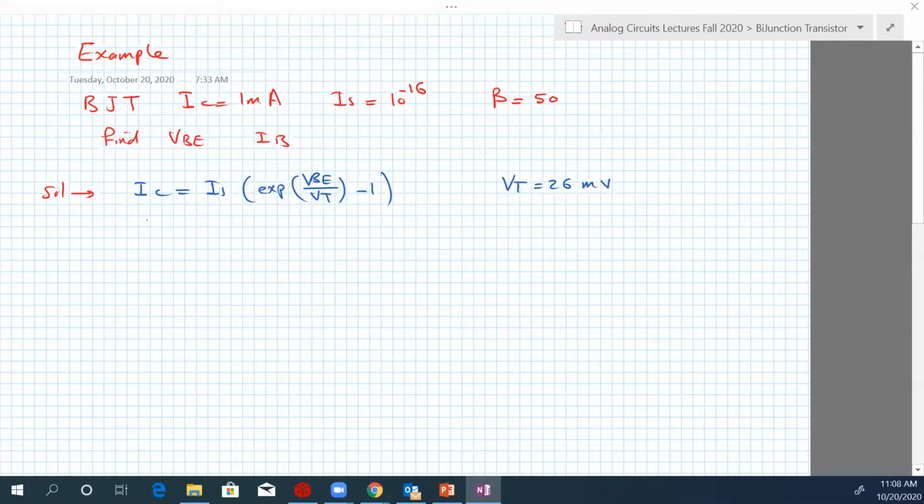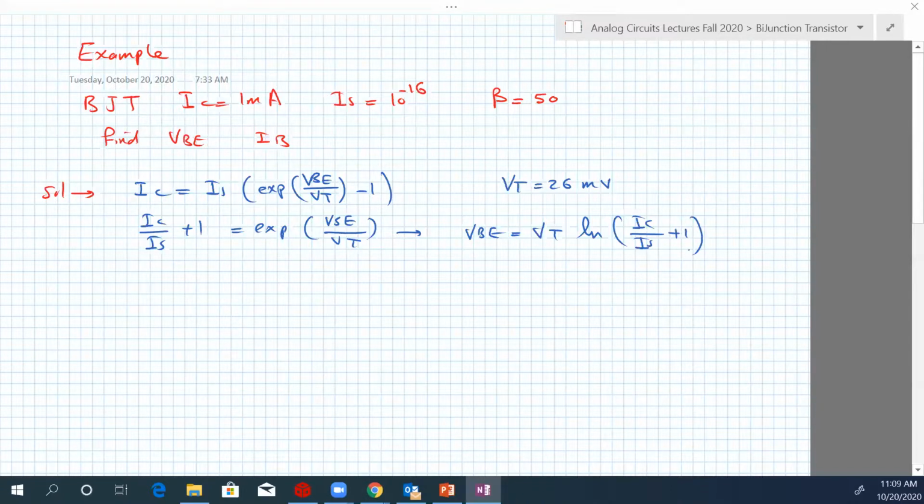So from this, we have IC over IS plus 1 equal to exponential VBE over VT. From here, VBE is equal to VT ln IC over IS plus 1. Okay? If you substitute, you will get VBE equal to 778 millivolts.